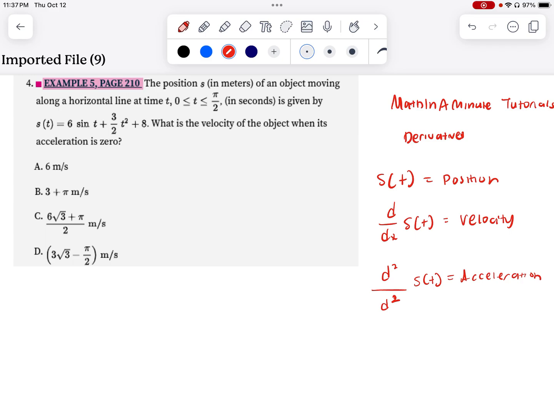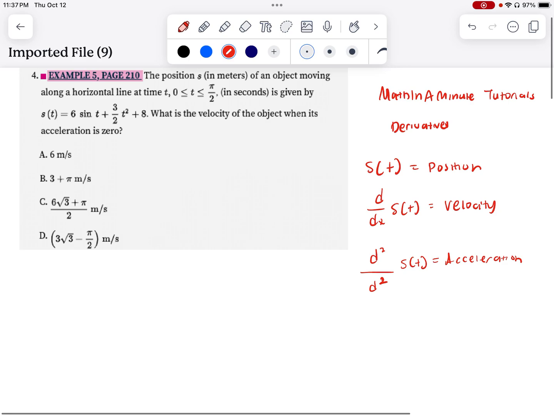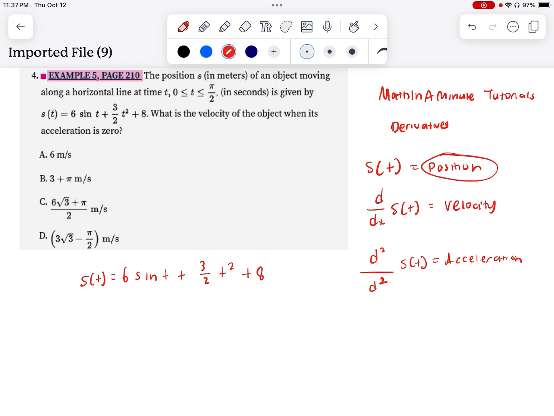So first, we already started off with the position equation. That's 6 times sine of t plus 3 over 2 times t squared plus 8. So this is our equation. And basically, we're in the position phase right now, and we want to get to the velocity, but we also want to know the acceleration because it's asking for when the acceleration is 0.